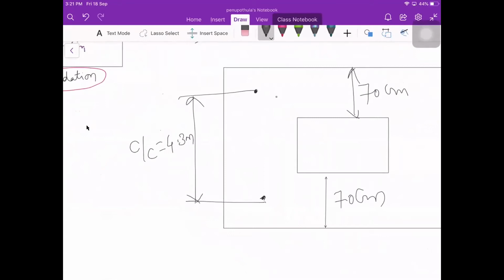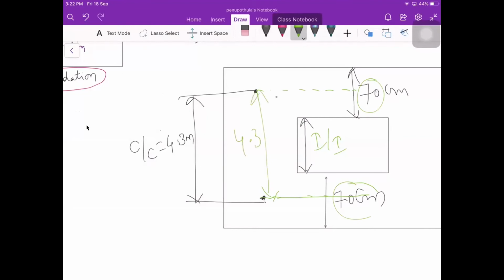So for a short wall, what we need is in to in length. That is the distance from here to here. So this is in to in length. This is 70, this is 70. And this center to center line length is 4.3.